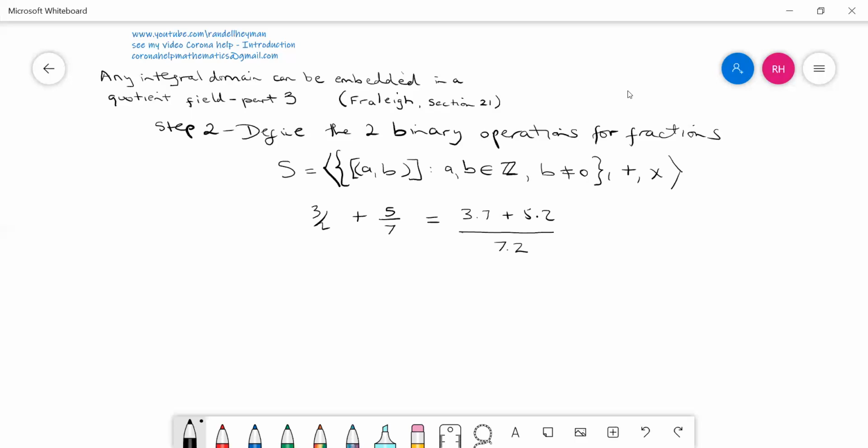But what we do here is that we say we take the equivalence class containing AB, in this case 3 and 2, plus C and D, and what does it equal? The top bit is AD plus BC and the bottom is BD.